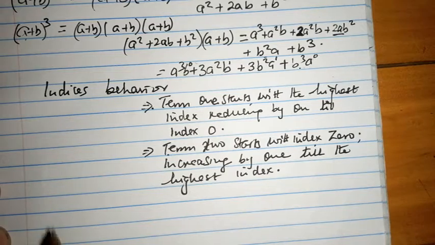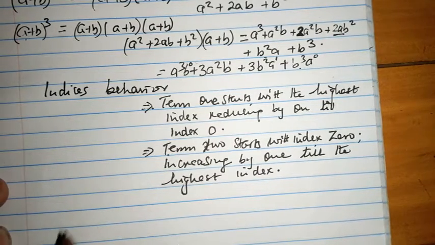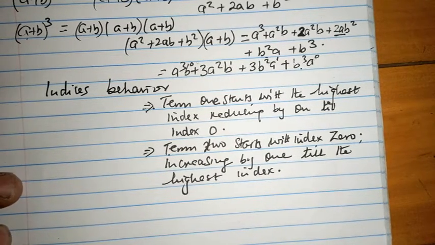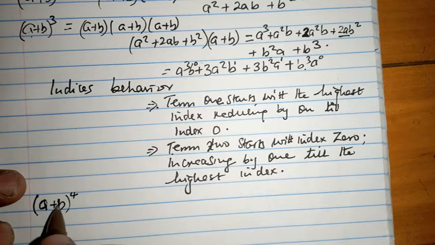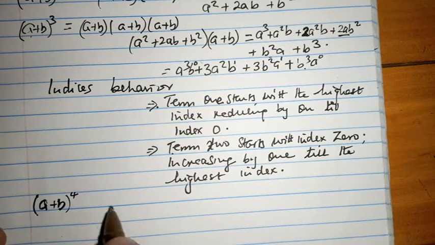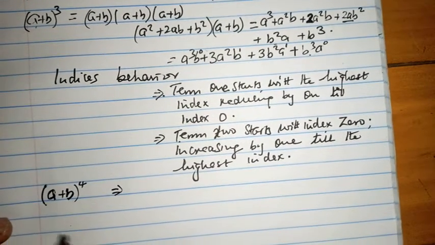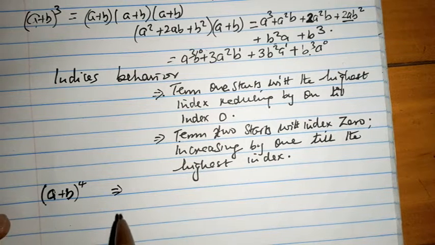You will agree with me that this method, expanding a term like (A plus B) raised to power 4, is going to take us a lot of time, and we are likely to make mistakes. We know very well that A starts with the highest power.